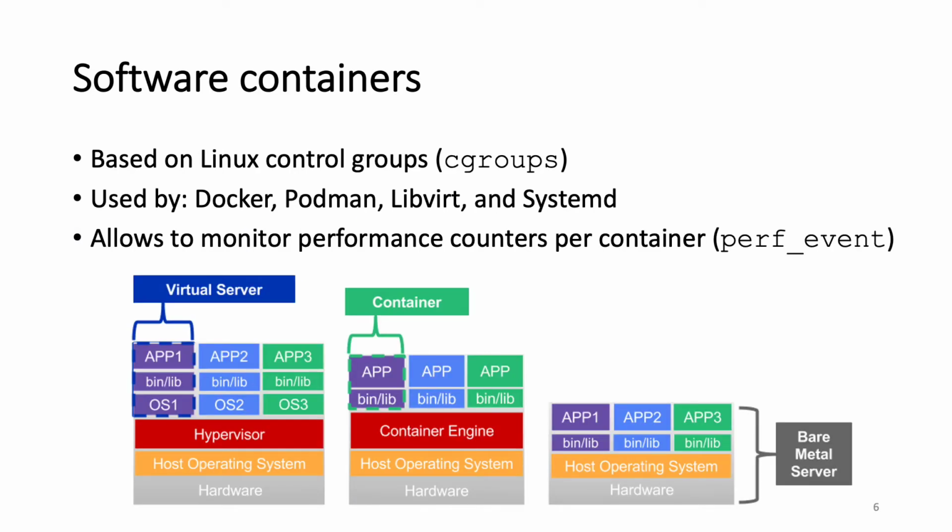SmartWatts is based on software containers, especially the Linux control groups, the cgroups. They are used by a lot of software like Docker, Podman, libvirt, systemd in order to separate the different resources used by the containers. And it allows monitoring the performance counters per container using the perf_event interface.